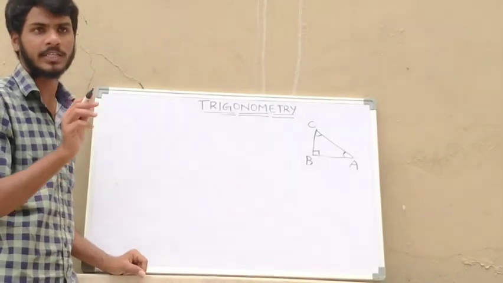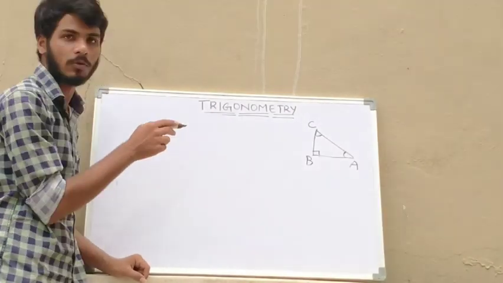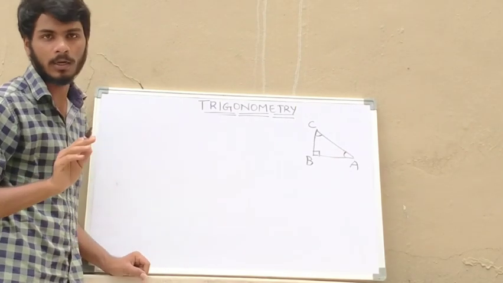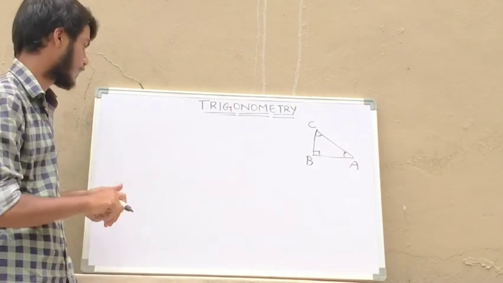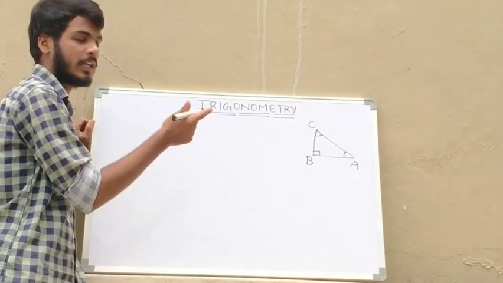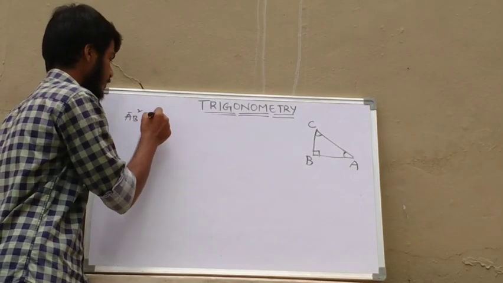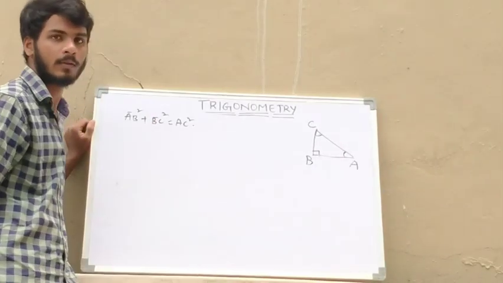So hypotenuse exists only in right angle triangle. Hence Pythagoras theorem is only applicable for right angle triangle. In case of Pythagoras theorem, AB square plus BC square equal to AC square.